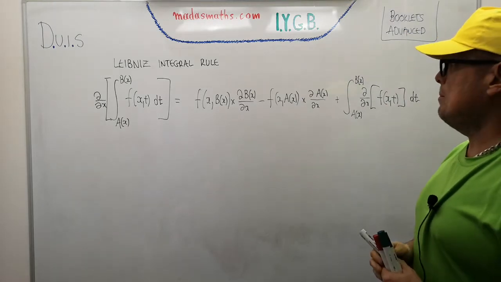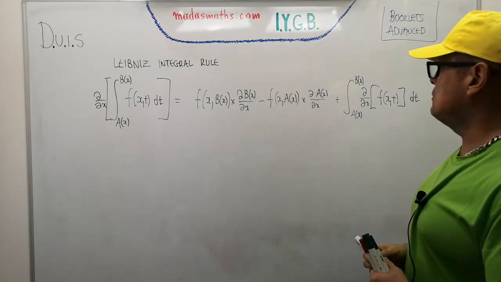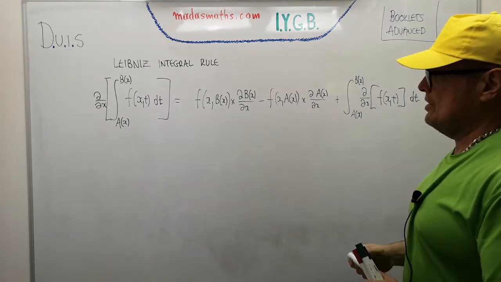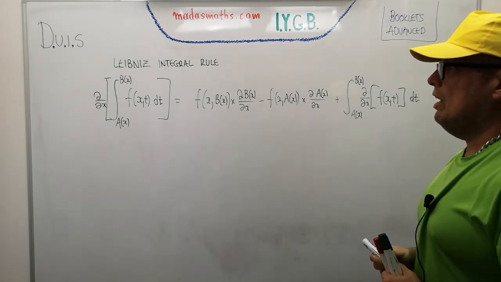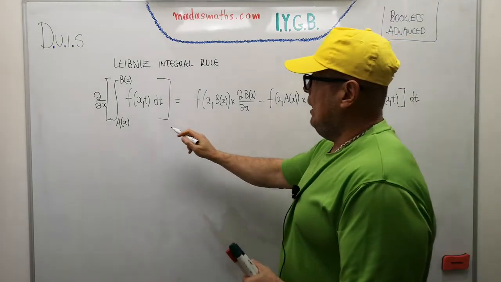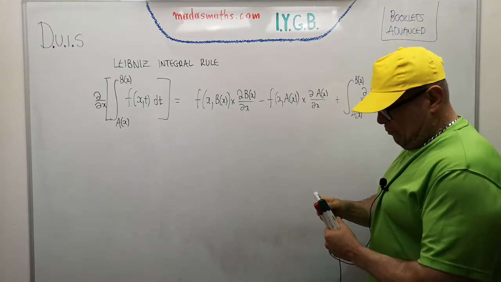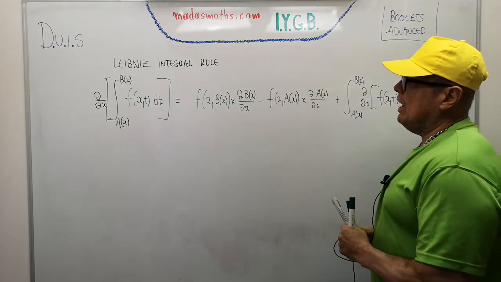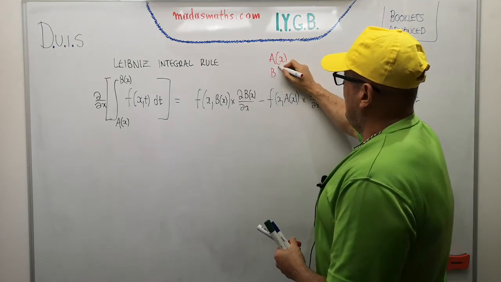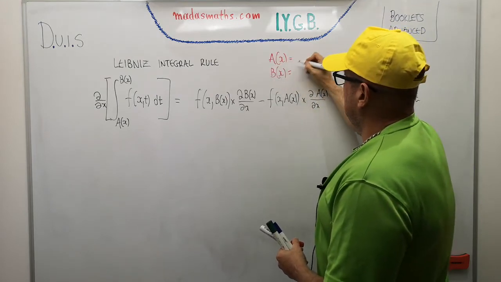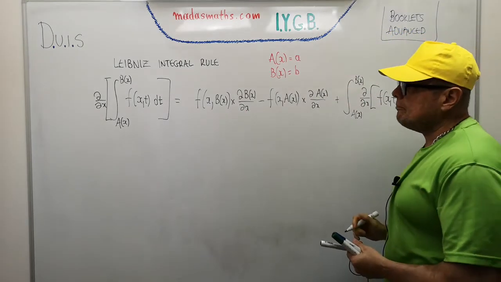As I said, we're not going to be proving anything like that. I think I saw the proof when I was doing my degree a very long time ago. I'm not a purist, I'm not interested. What is of interest to us in this formula is the special case where a of x and b of x are not functions of x. I'm going to write them with a different color pen up here. Suppose our a of x and b of x are just a constant a and a constant b. How does this change things?